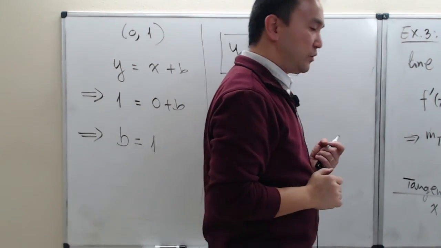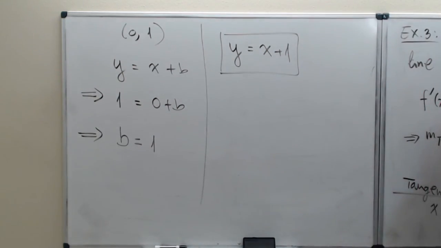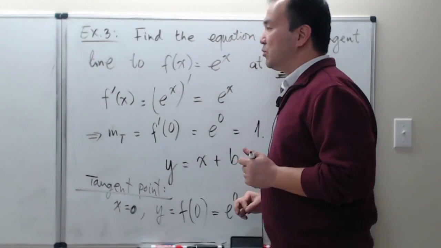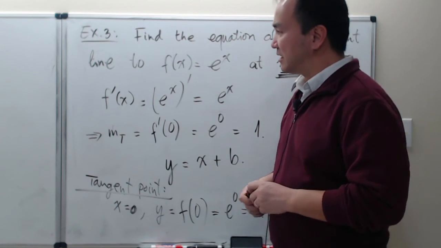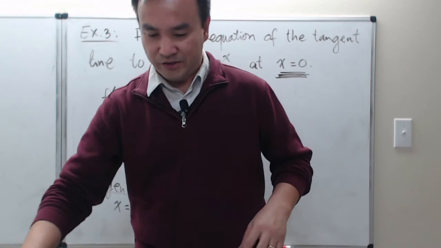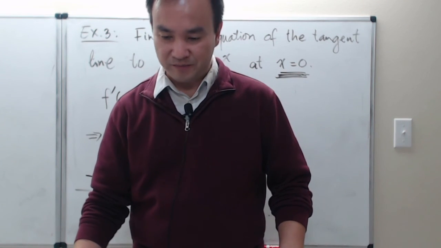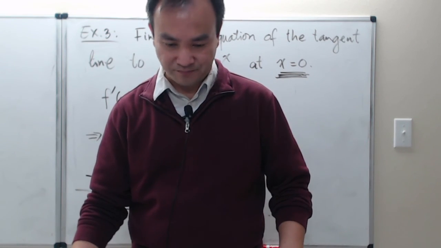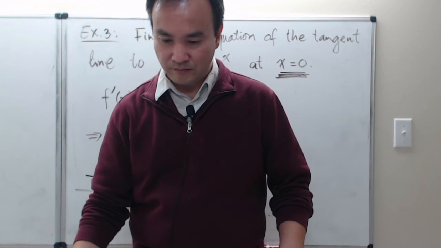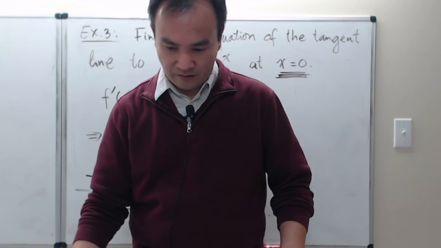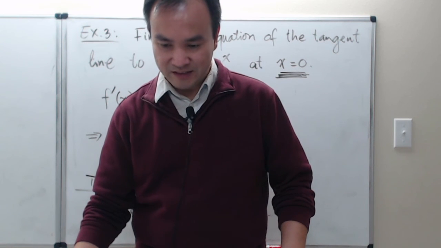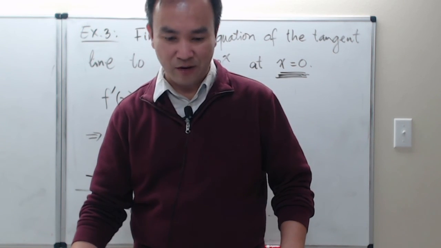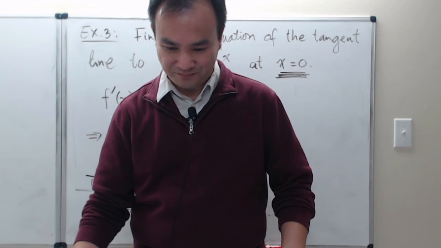On this curve, f of x equals e to the x, at specifically x equals 0. All right, so let me quickly show the graphs of the function, as well as the tangent line, so everyone can be convinced about what you are doing.